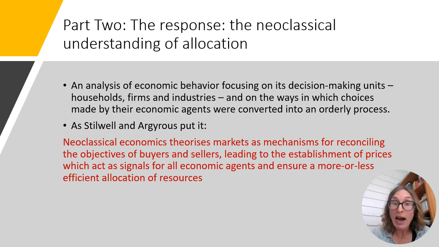As Stilwell and Argyris put it, neoclassical economics theorises markets as mechanisms for reconciling the objectives of buyers and sellers, leading to the establishment of prices, which act as signals for all economic agents and ensure a more or less efficient allocation of resources.